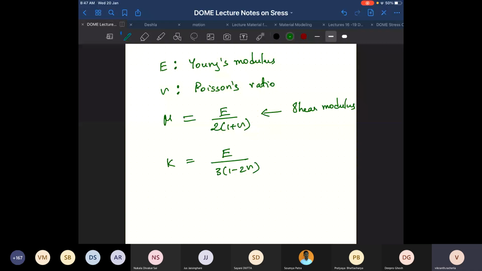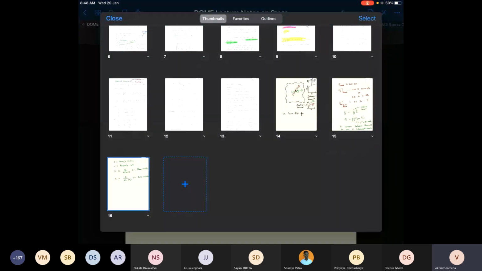Sorry, no, this is correct. So this is the bulk modulus. If you know the Young's modulus and the Poisson's ratio, it suffices to fully describe the linear elastic material behavior.